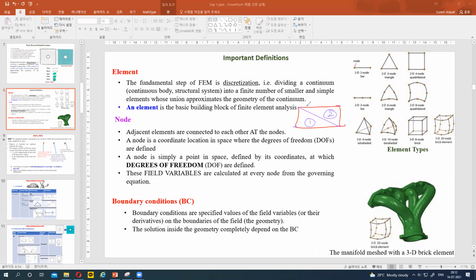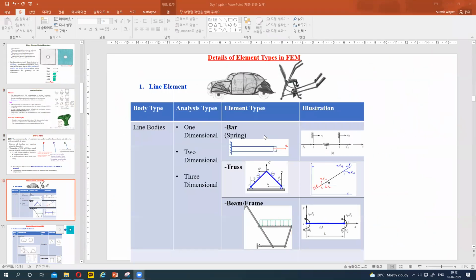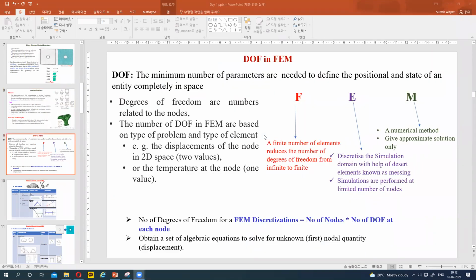It's a 2-dimensional problem, so at each node we have to find ux and uy. With 4 nodes, 4 times 2 gives 8 degrees of freedom. We have to find 8 variables. So it depends on the problem, the number of elements, and the element type.